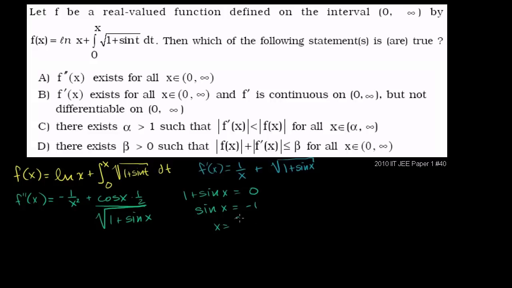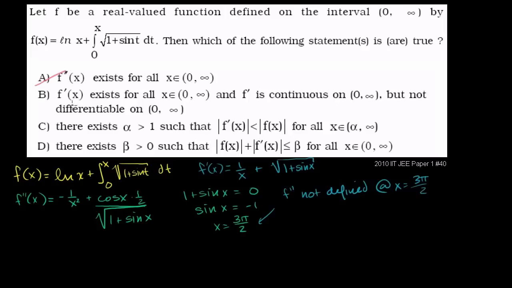In radians, and I'm assuming we're dealing in radians here, if x is equal to 3 pi over 2, that will make this undefined. So f prime prime is not defined at x equals 3 pi over 2, which is clearly in this interval. So choice A is false. Choice A does not work.